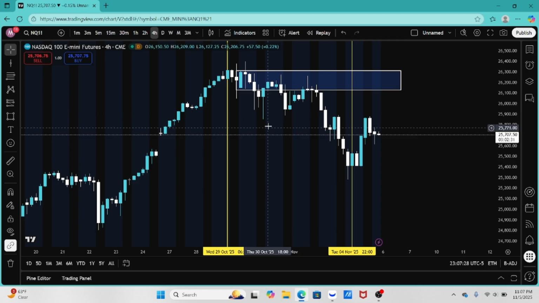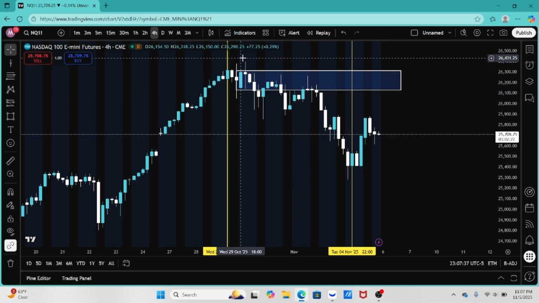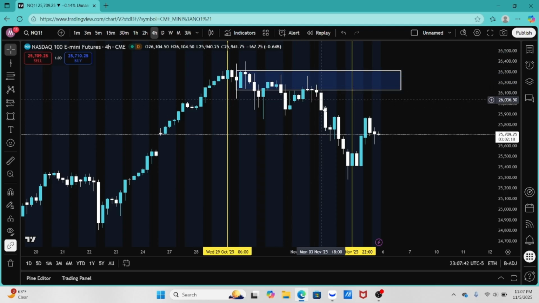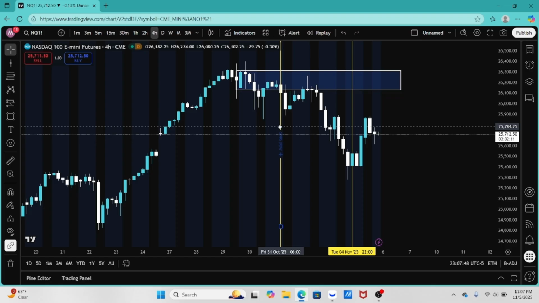So price came down, created the new low, back into the order block, rejected down, bodies of the candles are closing below this order block. Alright. And then we have this move down here. So now that we've done that, let's focus on this right here.